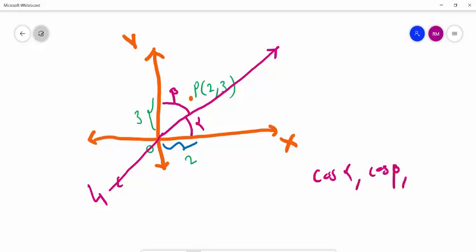In the same way, suppose this is the z axis, that is perpendicular to the x axis as well as the y axis, and the upward direction, positive direction is towards this direction. I can't draw because this is a 2D figure.